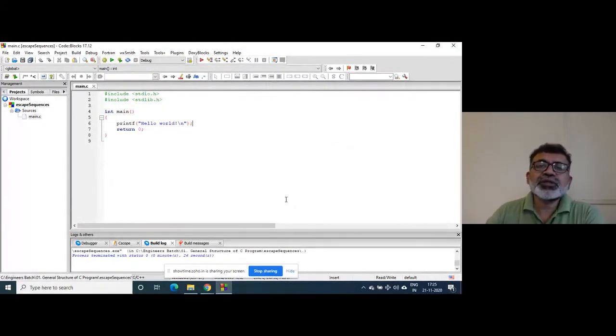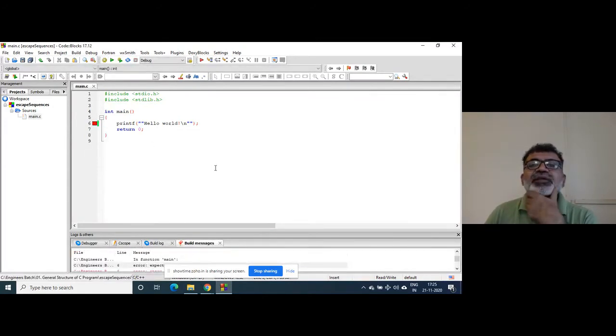There are no rules in it, right? How to do that? So if you want to print that hello world inside double quote, probably you will put the double quote here and double quote here. Will it work? It won't.